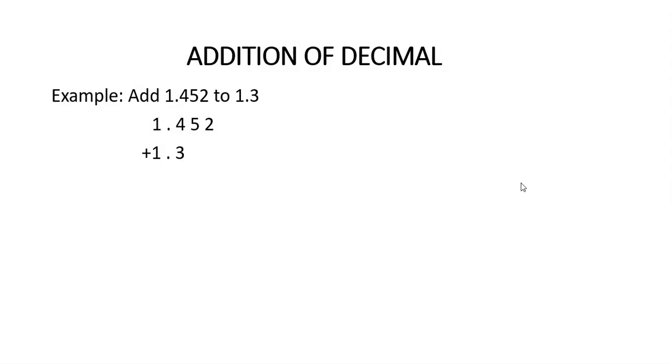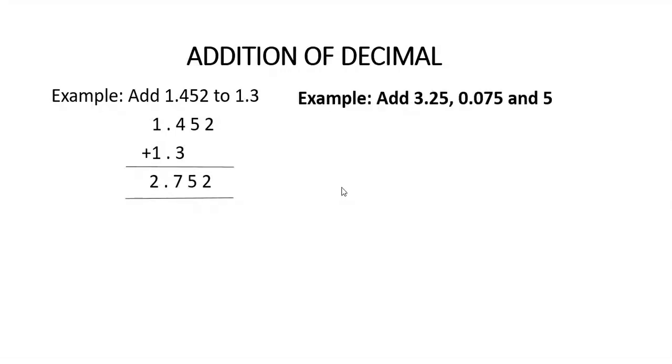What I'm saying in a nutshell is this: the decimal point aligns with the decimal point here. This is how you're going to be doing your additions of decimal numbers. So we have 2, 5, 4 plus 3 is 7, and the answer is 2.752.